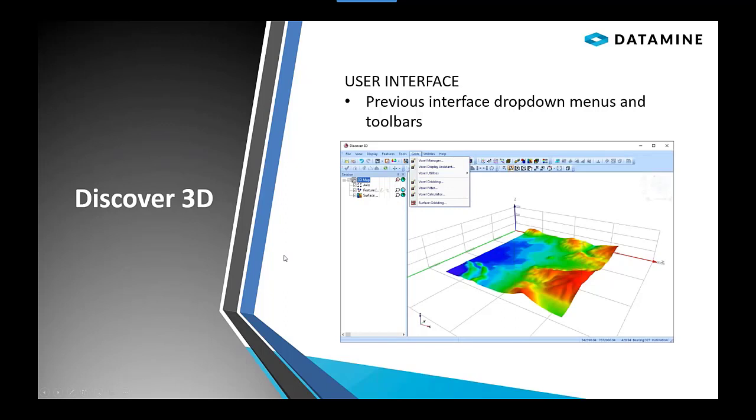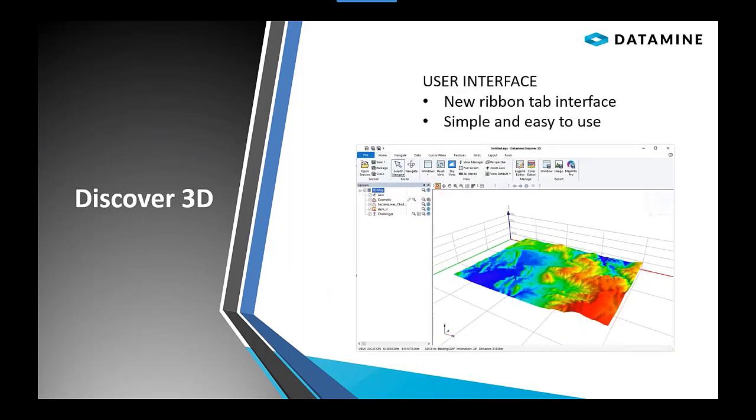Okay, so this was the old user interface in Discover 3D. That's the 32-bit version. It was basically a series of menus and toolbars. The new user interface, what we've got here, is it's all sort of ribbon driven, and we've tried to logically group all the common tools together and expose a lot of things that were hidden in keyboard shortcuts.